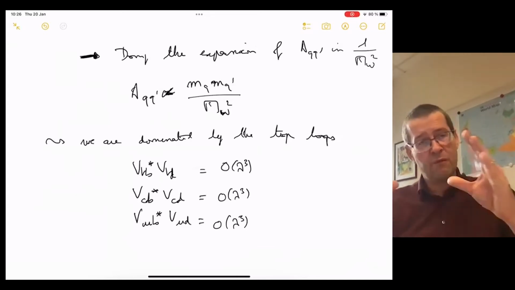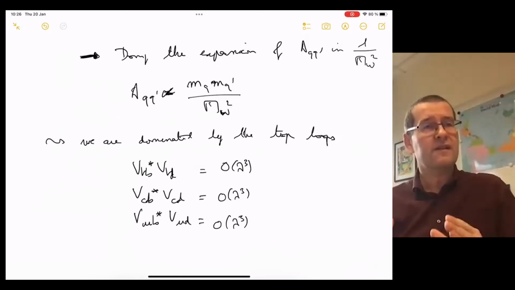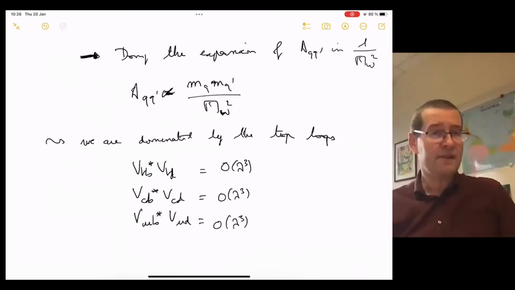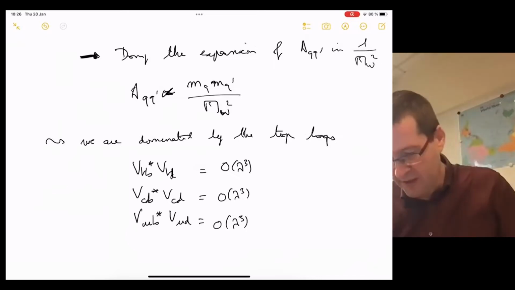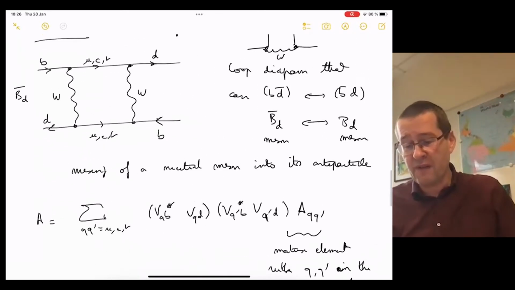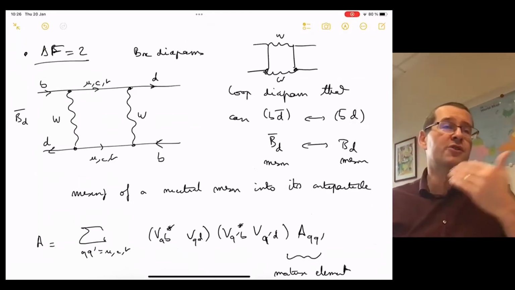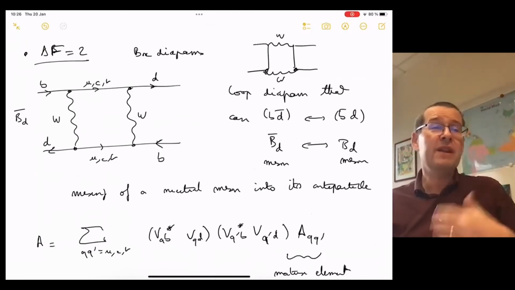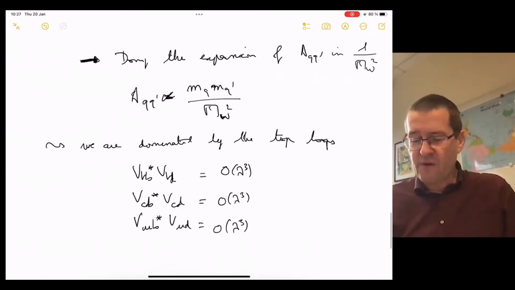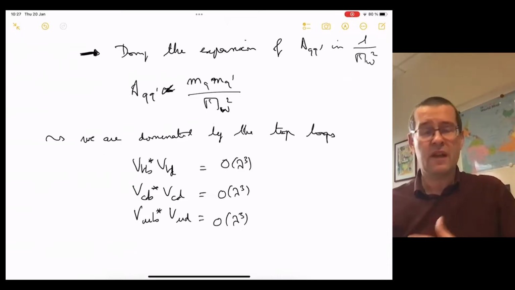The idea was to have something which was not squashed, which had sides of a similar size, and indeed, that's exactly this B_d meson triangle that we used. And I just recall that indeed the size involved that you see arising here when we're discussing the neutral meson mixing for the B_d. So that's the connection that you have between calling that the B_d meson triangle and this process. So you see that actually there is no suppression by the CKM factors.